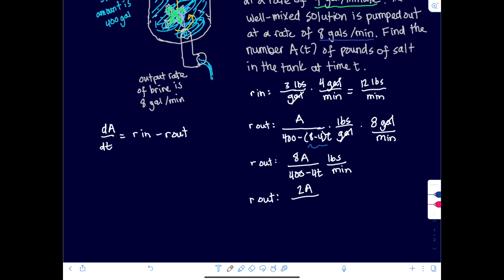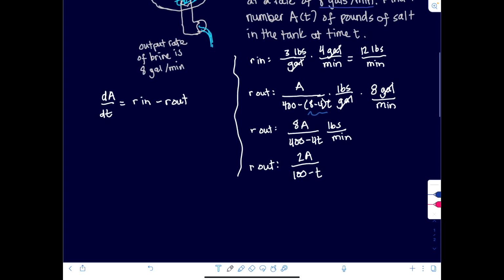Okay, so let's put that over here. So we've got this as kind of our notes. So dA/dt will be equal to R in, which is 12. I'm going to take the units off because the units are all the same, pounds per minute.